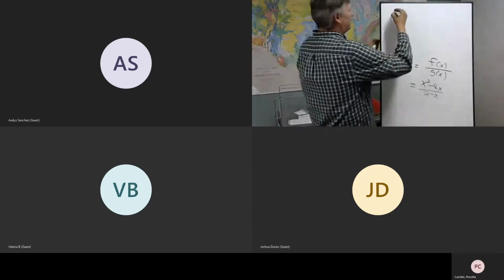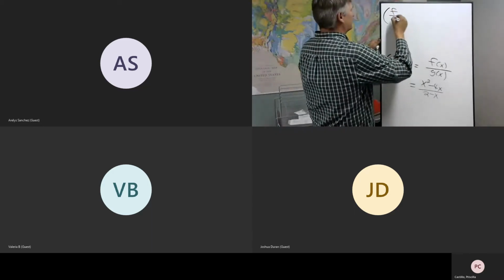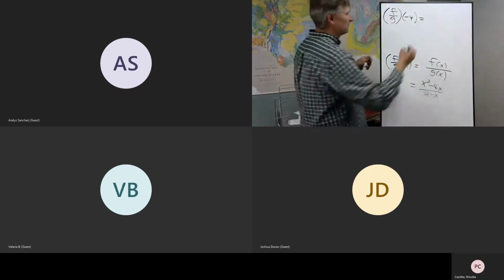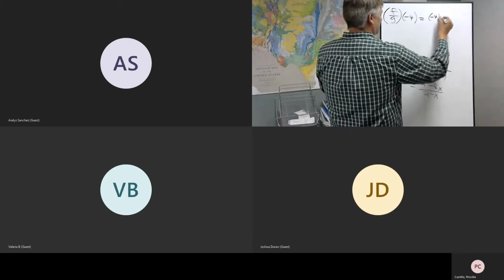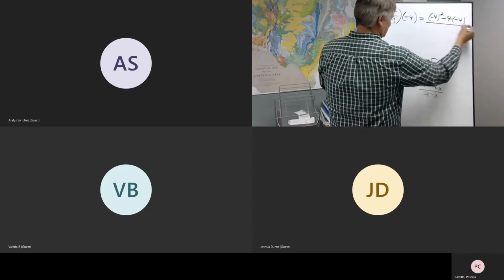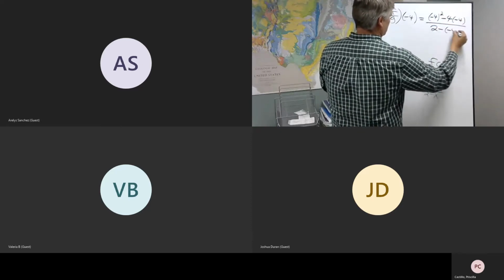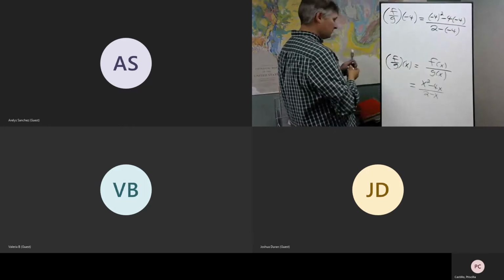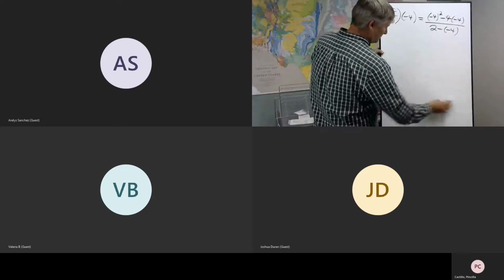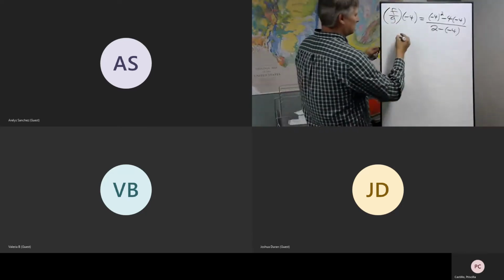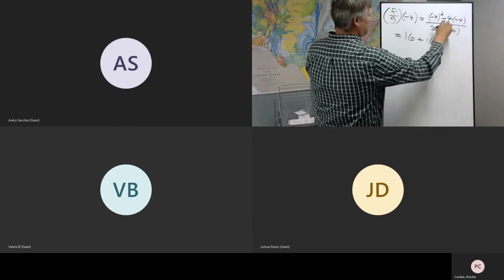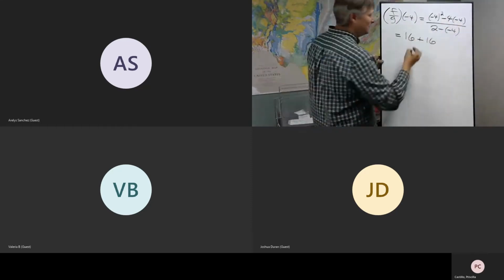Now we can do f over g of -4. -4 times -4 is +16.